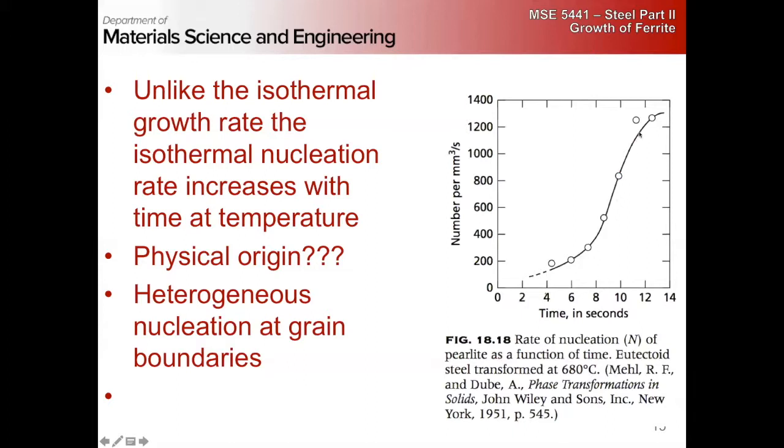Then the nucleation rate accelerates, right? So this is the number of nuclei per volume per second, right? So in the early stages, we don't have a lot. They take off and then plateaus out again, right?